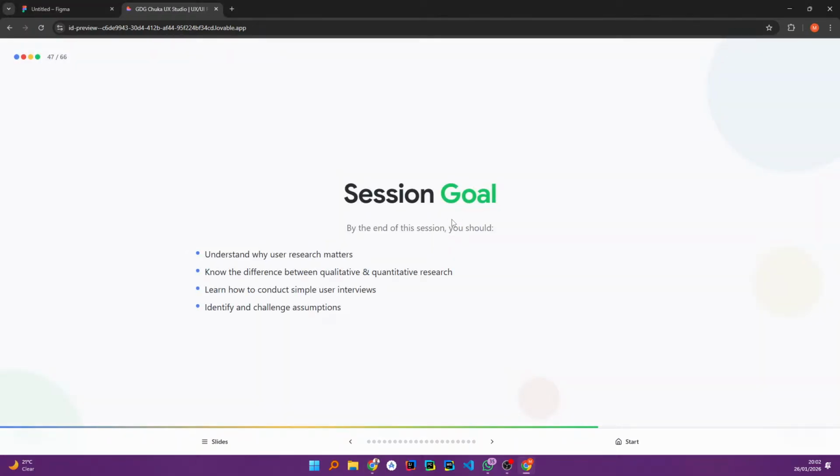Before we begin with the definitions, for today's session, we're going to understand why user research matters, know the difference between qualitative and quantitative research, and also learn how to conduct simple user interviews so as to get an overview of what users really need, and also to identify challenges and assumptions. So these are the things that we're going to understand and learn.